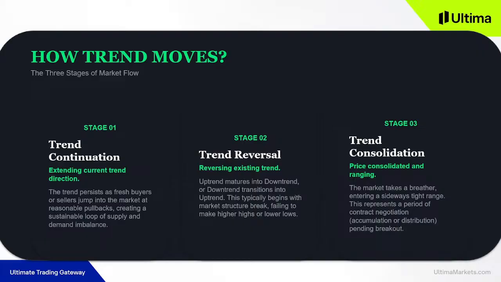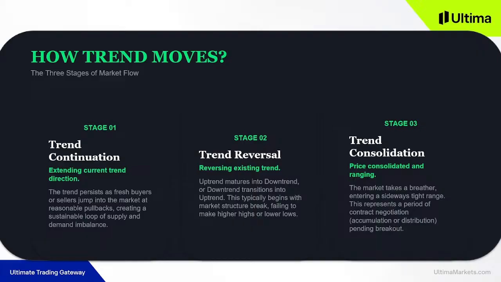By using the MTF, we are able to catch how the trend moves across different time frames. In fact, the trend can look completely different on each time frame. But when you look at them through the multi-time frame lens, you see that they are deeply interconnected.